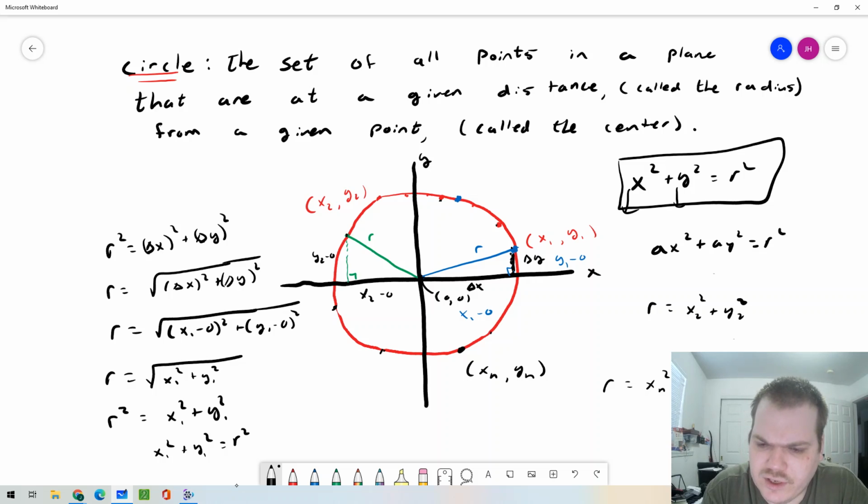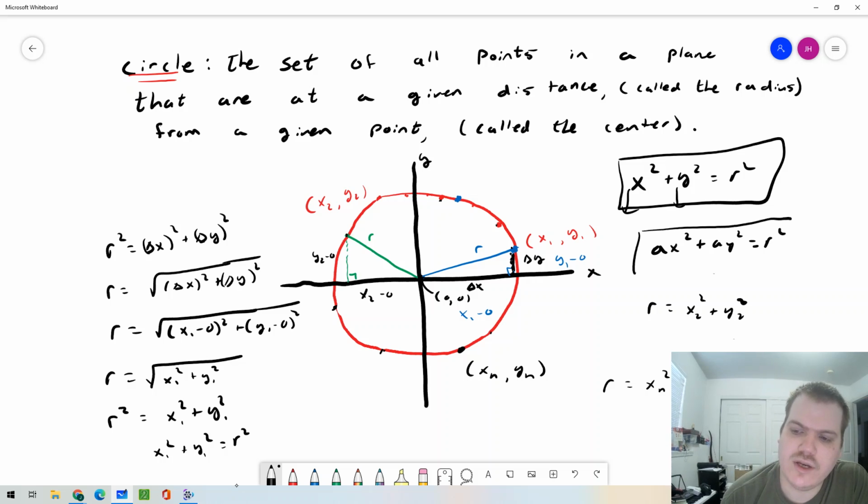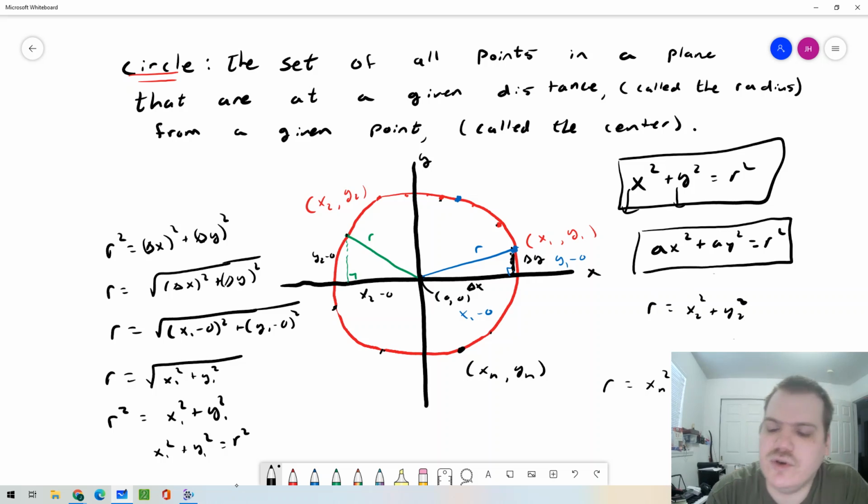Generally we let a be positive. But in this case, a is 1. So 1x squared plus 1y squared is equal to r squared. Just generalize it. I don't need that to be 1, but I do need it to be the same as the y. Okay, so we are going to do more with the generalization in the next video.